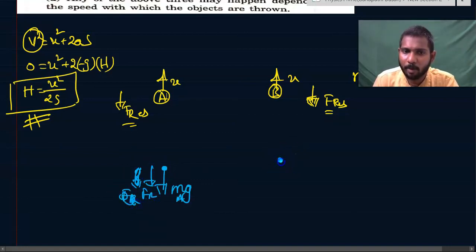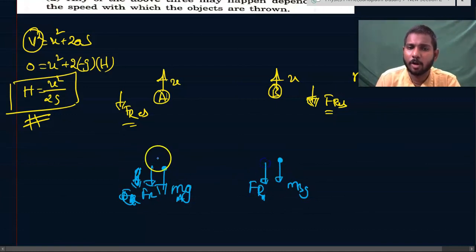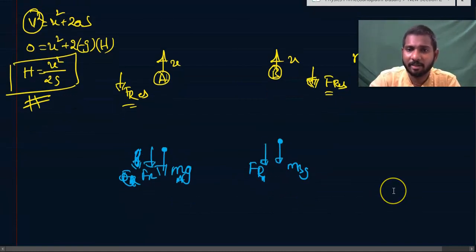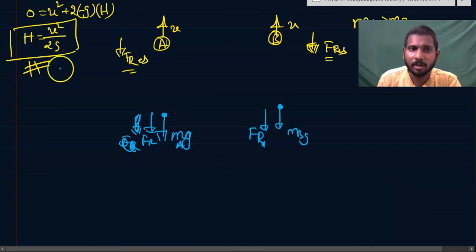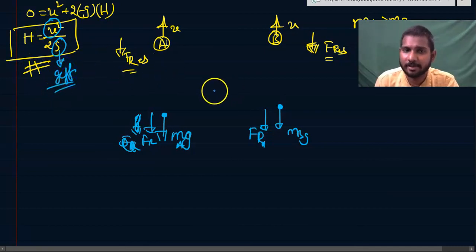For the B ball, mBg and Fr. So what is the net force, what is the net acceleration? Find out the acceleration here, because U is same in the given case, but G effective will change because of the resistance force. Let us try to find this out.